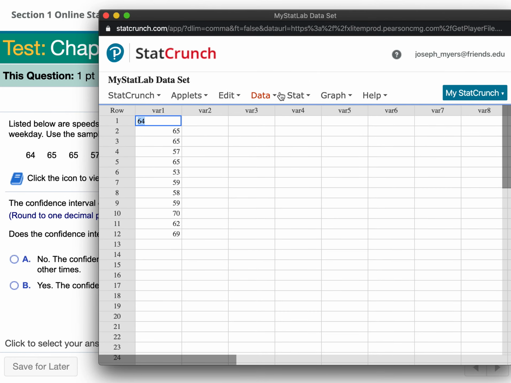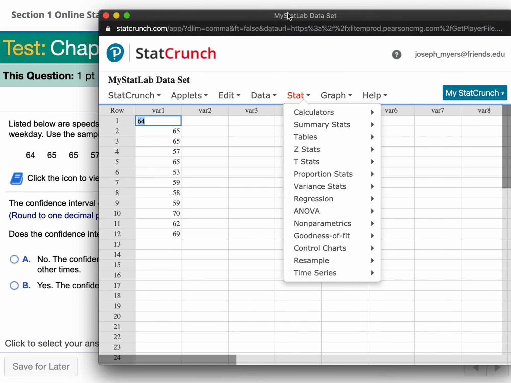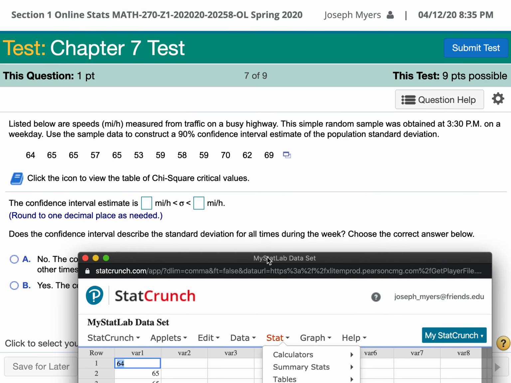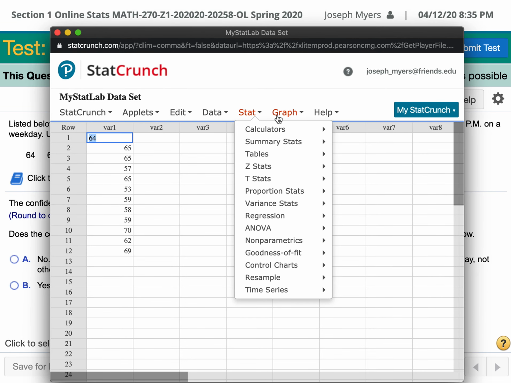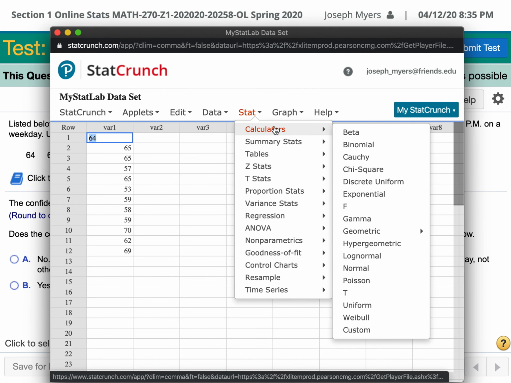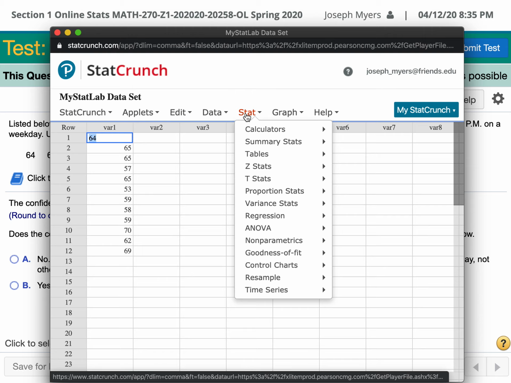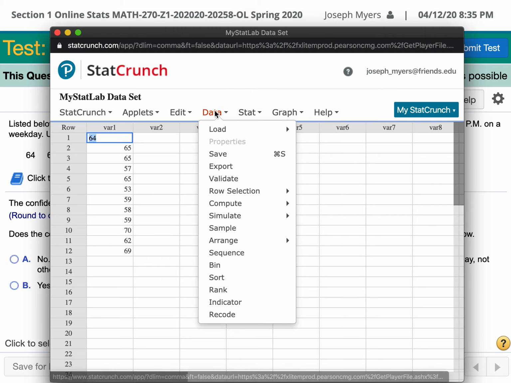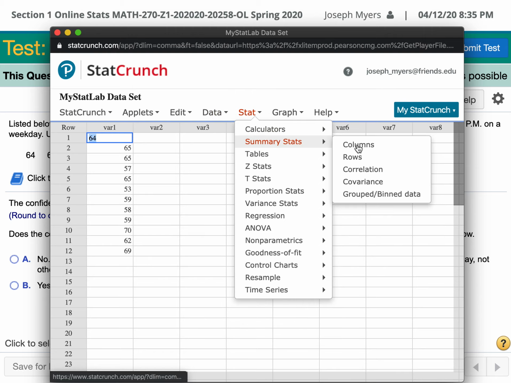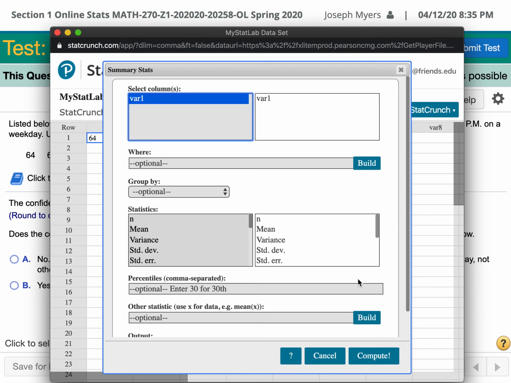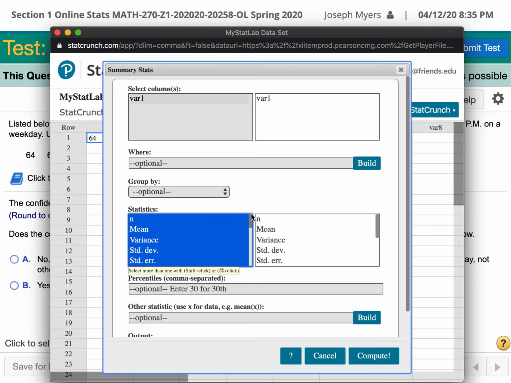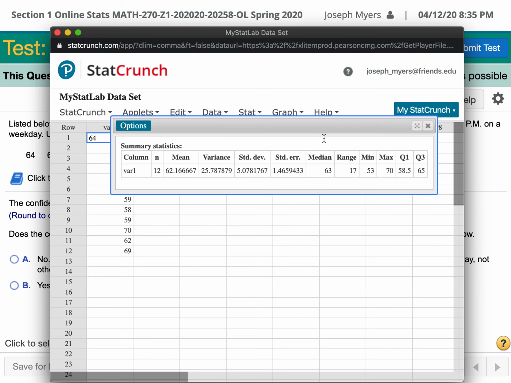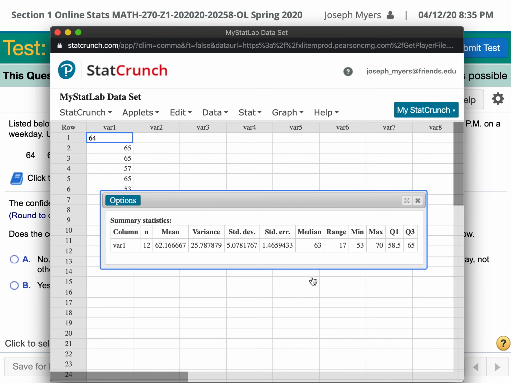And then you will find the standard deviation of it. So click on Stats, Summary Stats, Columns, Variable 1. The only thing we really need right now is just the standard deviation, so click Compute. Now the standard deviation is this number right there.